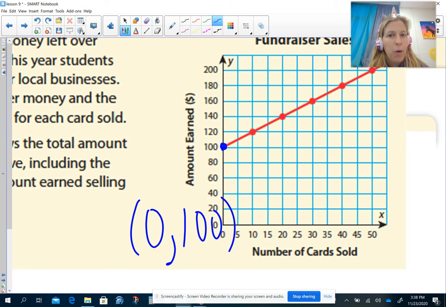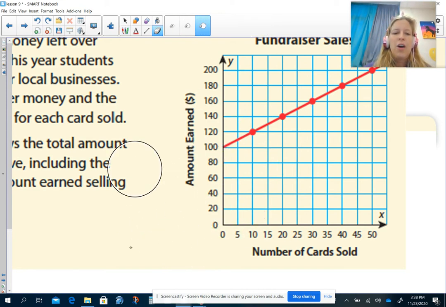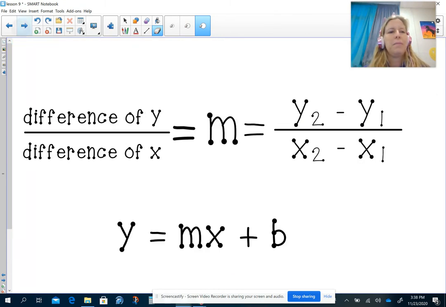Was that our y-intercept in our y equals mx plus b? It was, wasn't it? What do you notice about your x value? It's 0, isn't it? Your x is 0, and your y is exactly where it went through the y. So let's go back to our reflection, and I wonder if that happens every time.